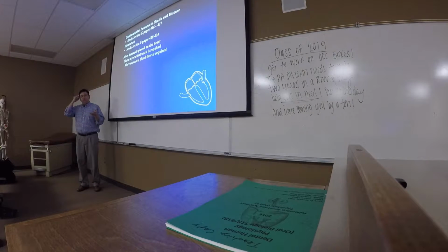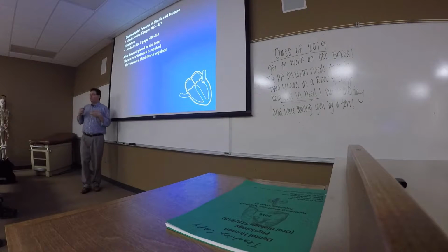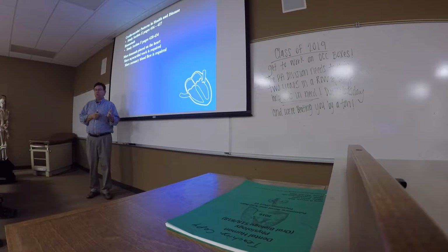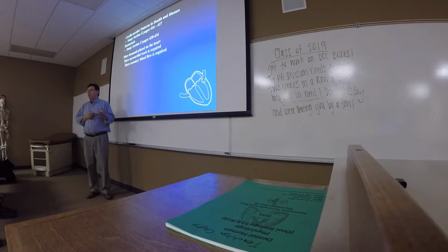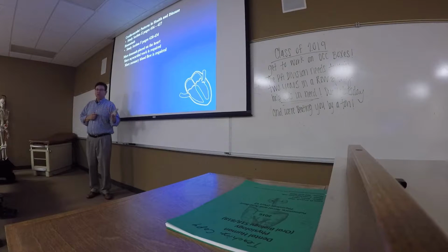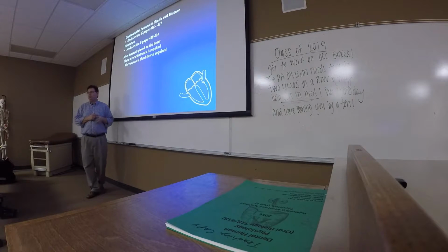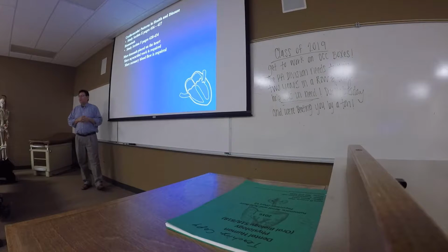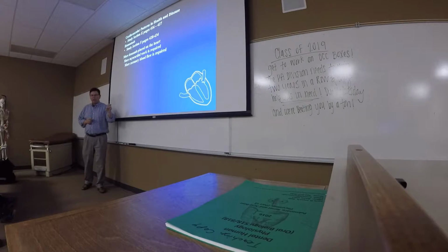So if blood flow doesn't match demand, you're not getting sufficient oxygen to that tissue. You're not getting rid of CO2. You're not getting rid of other metabolites. This can lead to problems. If you have ventricular myocytes working harder and harder and harder and not getting sufficient oxygen, you will run into hypoxia.